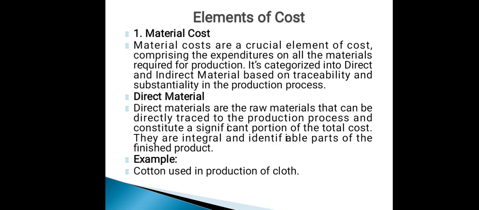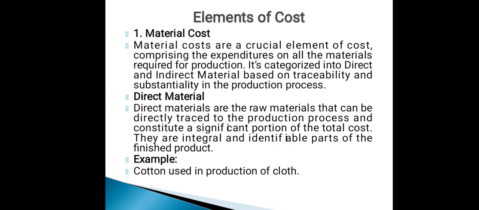If the company wants to increase the profit, or reduce the price of the product, or overcome the competition in the market, definitely they have to focus and use some strategy to reduce the cost in all the elements. So material cost plays a major role in the total cost.